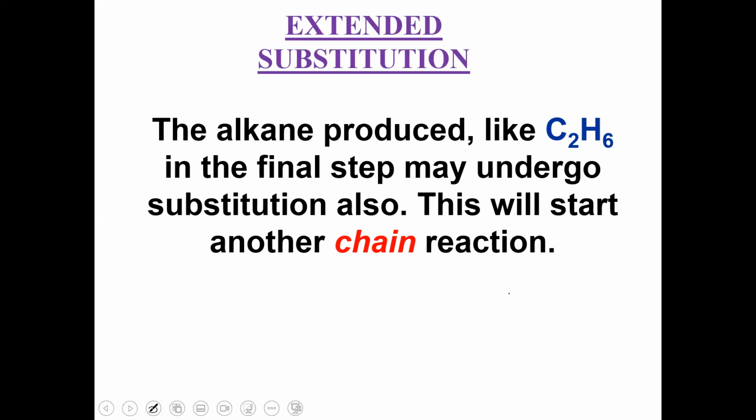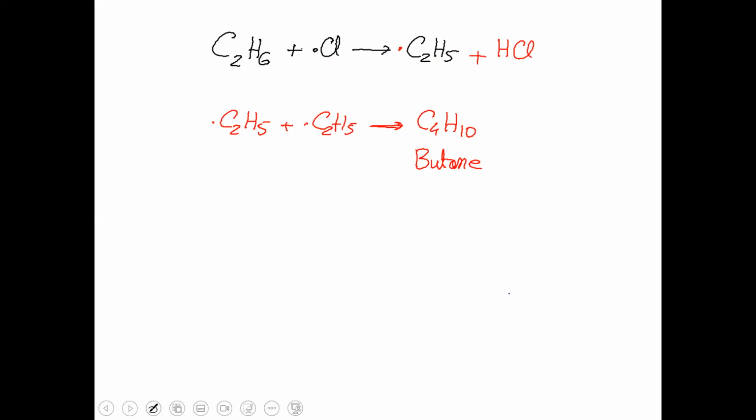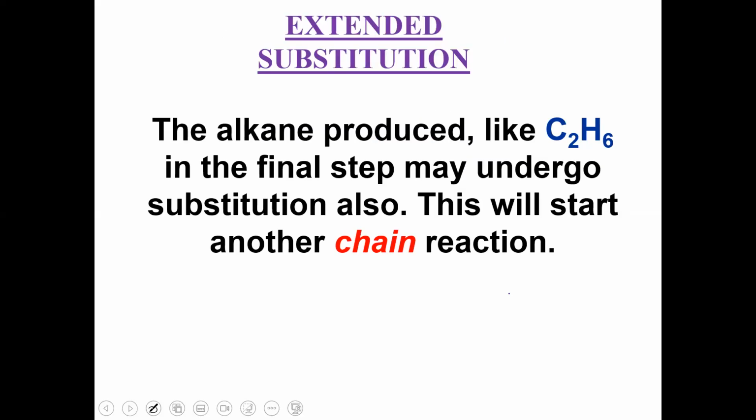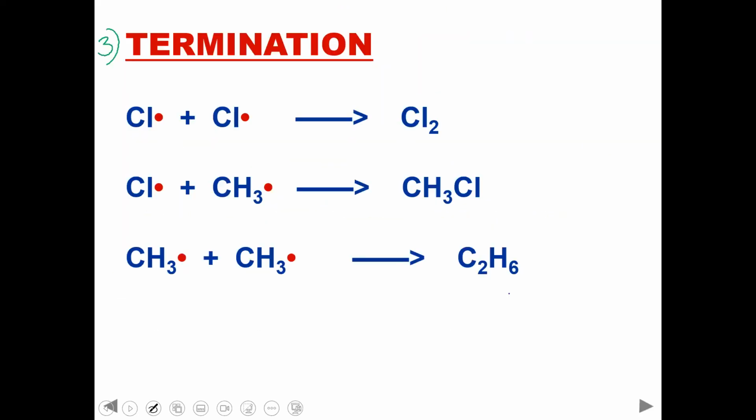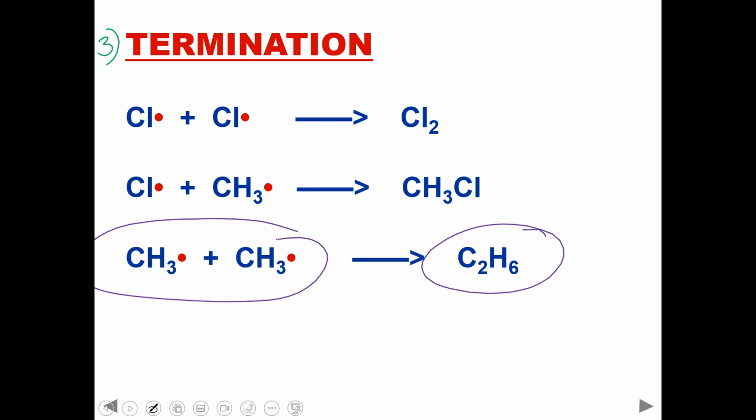This is another chain reaction. This is a very complicated step because chlorine free radicals would be jumping here and there. And if they come across the final product like C2H6, suppose, for example, that is how C2H6 was produced. Look at the screen. C2H6 was produced here. When two CH3 radicals combine, C2H6 is produced.